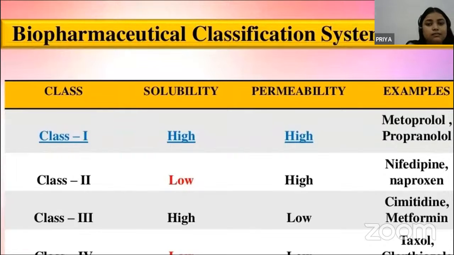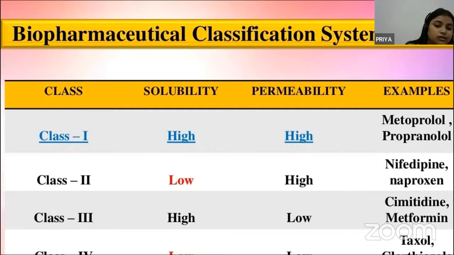Next, this is the BCS classification. BCS drugs are classified into four categories: class 1, class 2, class 3 and class 4. As we discussed solubility, permeability and dissolution, the BCS classification is divided based on solubility and permeability.